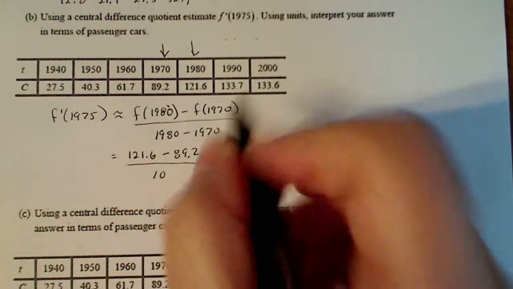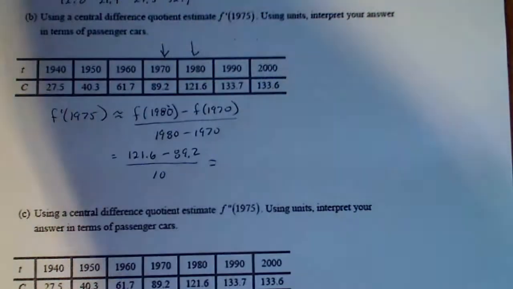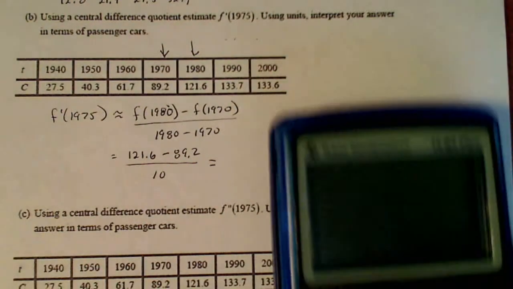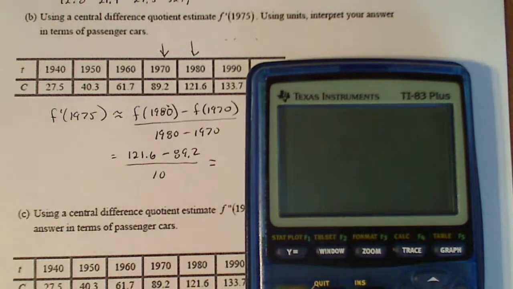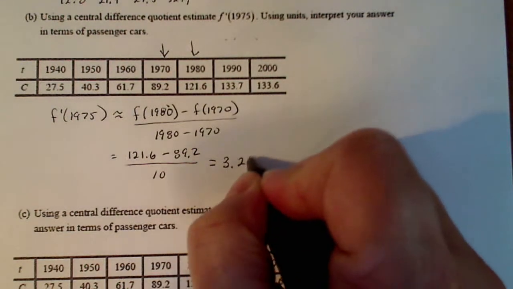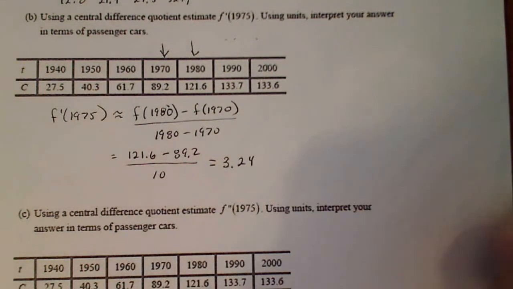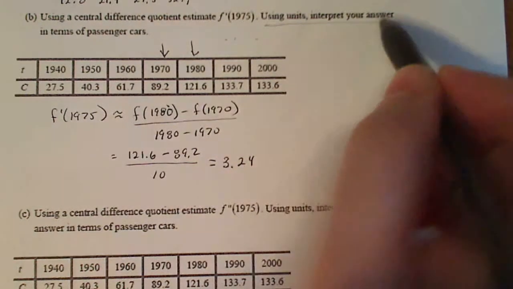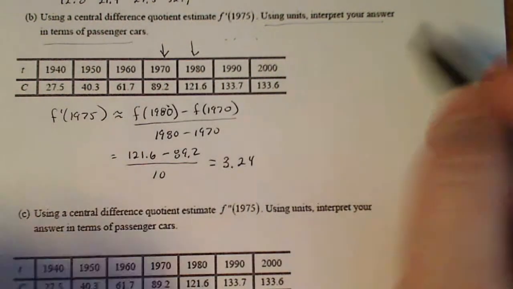So if I put this in my calculator, 121.6 minus 89.2 divided by 10 gives me 3.24. So what does 3.24 mean? Because we need to use units, interpret the answer in terms of passenger cars.